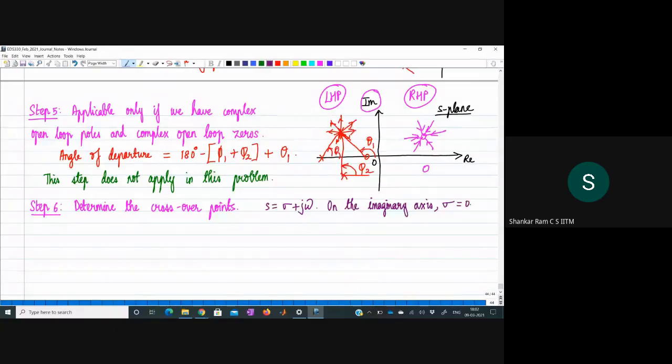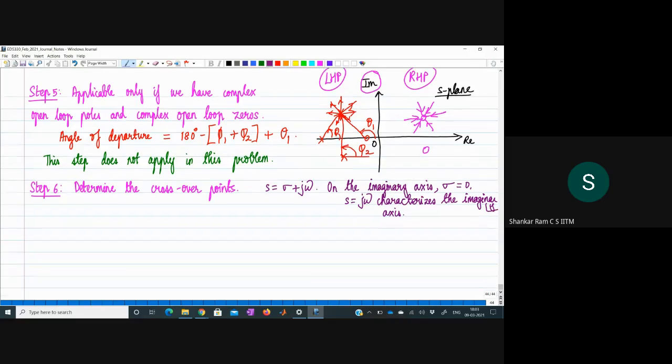So people will immediately substitute s equals j omega to characterize the imaginary axis. In many places you will see that to characterize the imaginary axis, people will just write s equals j omega. So that's how we look at this.